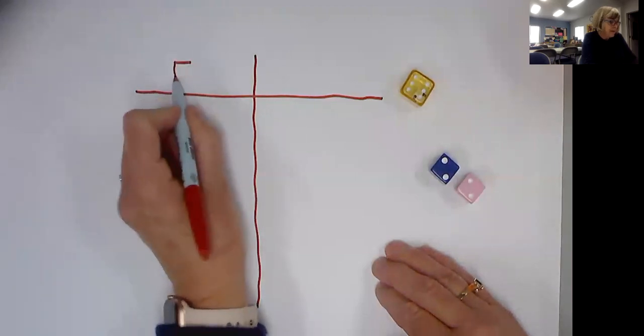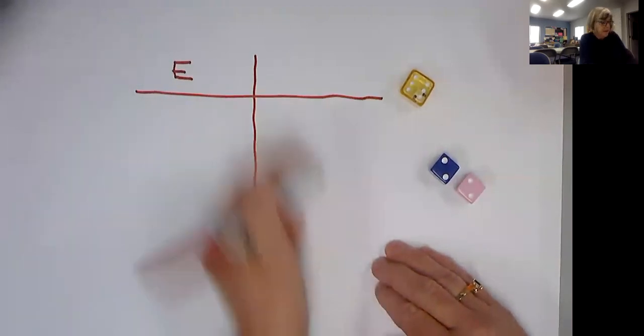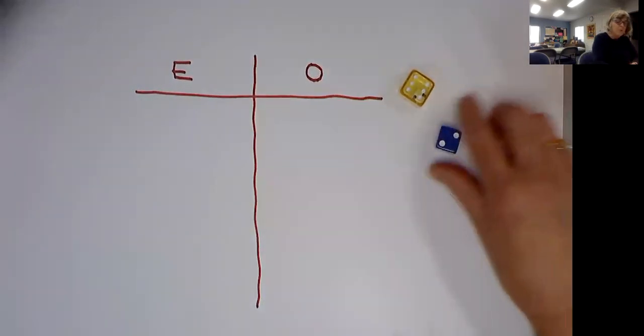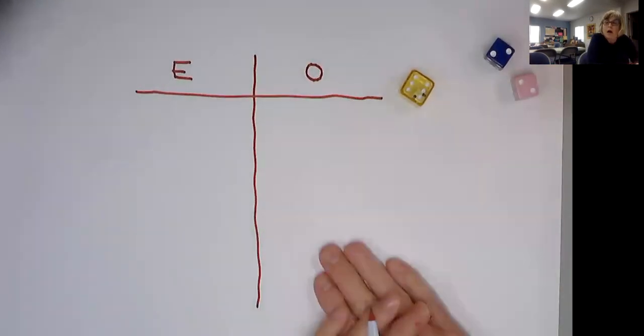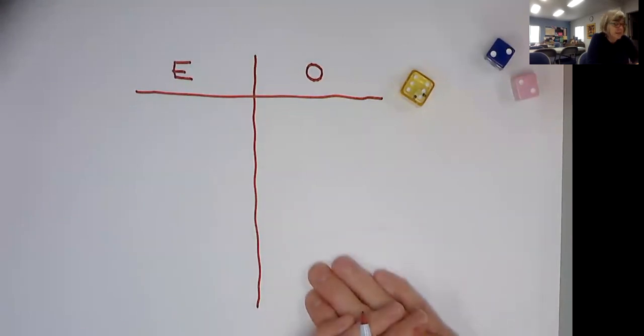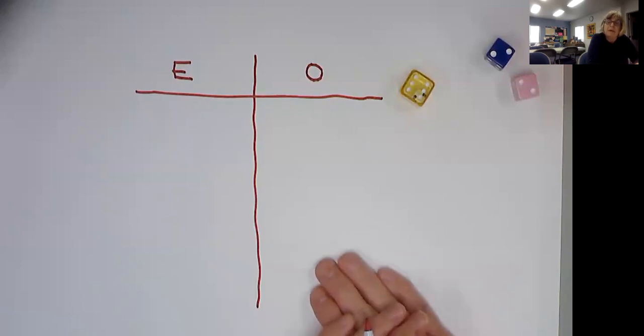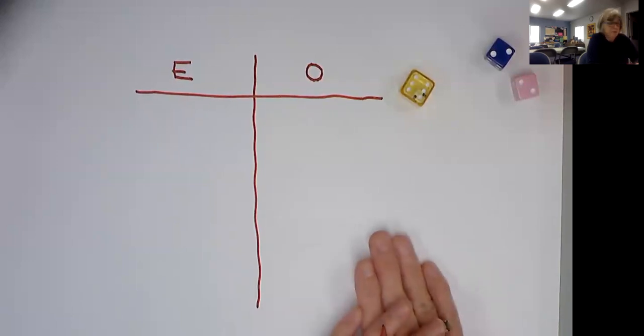I'm going to label the left-hand side with an E and the right-hand side with an O. What I'm rolling are factors. So anytime you hear that F word, that means we're going to multiply. A factor would be the parts of a multiplication equation before we actually get to the product.